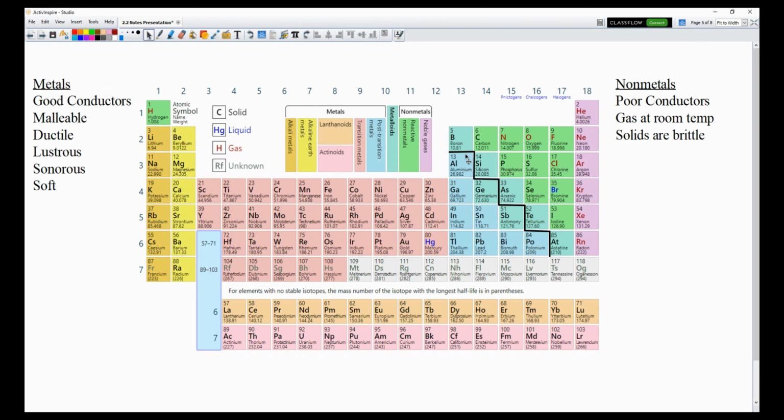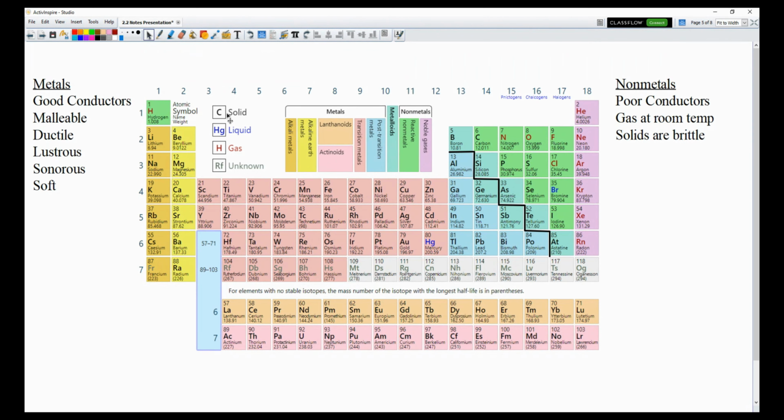But technically, if it's on the left side of this stair-step, it's a metal, and on the right-hand side of this stair-step, it's a nonmetal. And then we have here this light green. These are the reactive metals. And then here the purple, that's the noble gases.